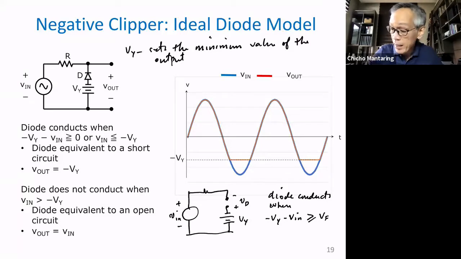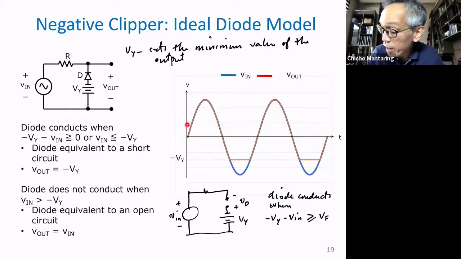V of Y. And when your diode conducts, this is equivalent to a short circuit, and your output will just be negative V of Y. Negative dahil sa polarity, you know? This is plus minus, ito naman plus minus dyan. Kaya negative.